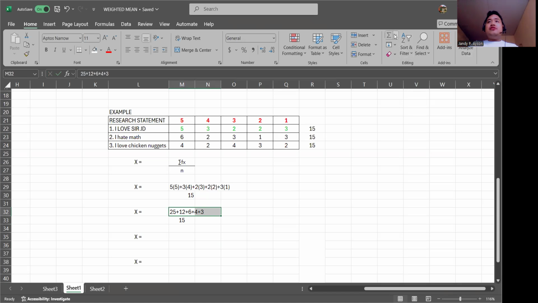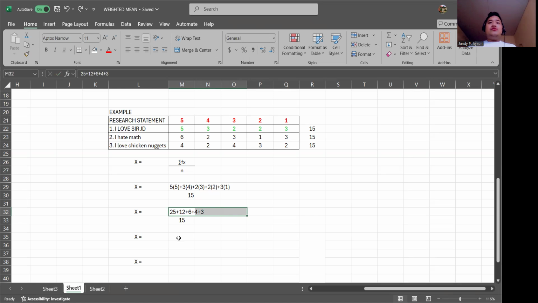Okay, let me just use this para hindi na ako mag-calculator. Ayan. Add ko lang tong mga to. Kaya 25 plus 12, 37, 43, 47, 50.